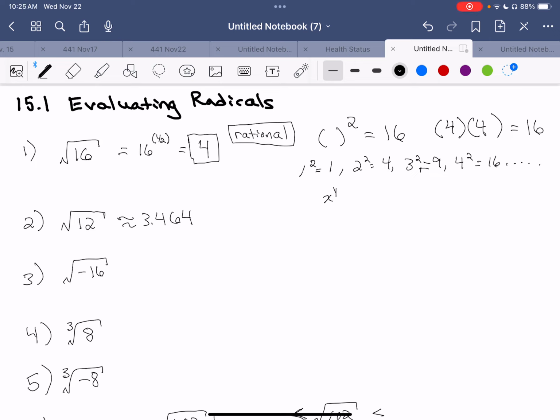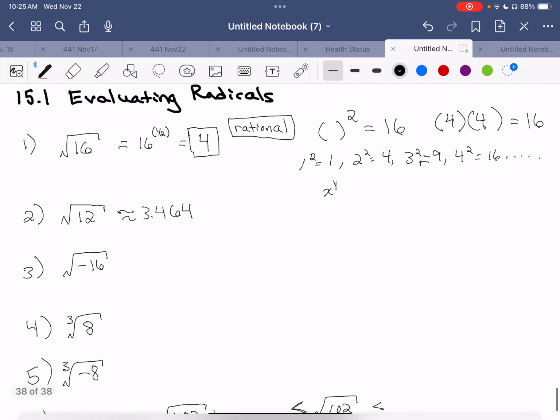So a little bit less than the 4, since 12 is less than 16. And any radical that is not coming from a perfect square is irrational. That means the decimal keeps going, it doesn't repeat, and it doesn't stop. That's what we mean by irrational.